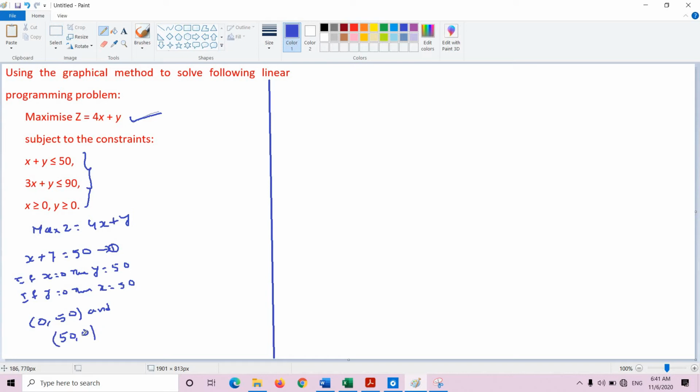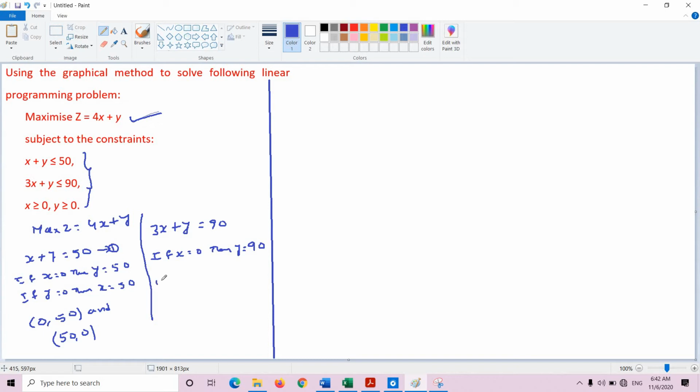From each and every constraint you are going to do it like this. Now we pick up the second equation, the second constraint, 3x plus y equal to 90. Similarly, if x equal to 0, then y equal to 90.